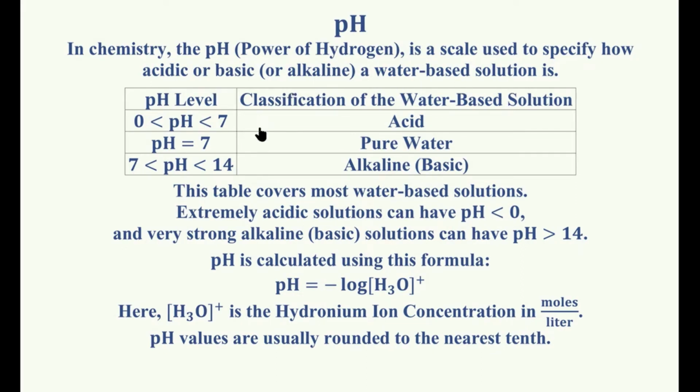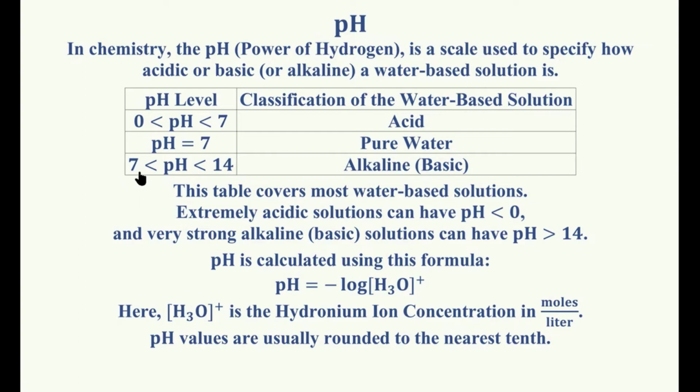Now, here I've made a chart for you that explains the categories that pH will make a body of water fall into. If the pH of a body of water is between 0 and 7, that is considered acidic. That type of water will be known as an acid. If the pH is exactly 7, that's where pure water comes in.